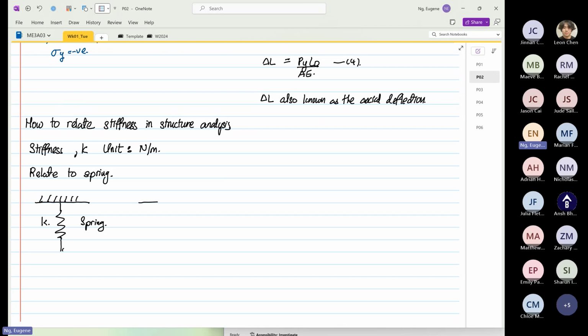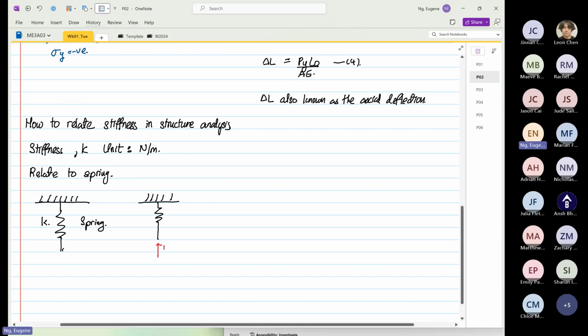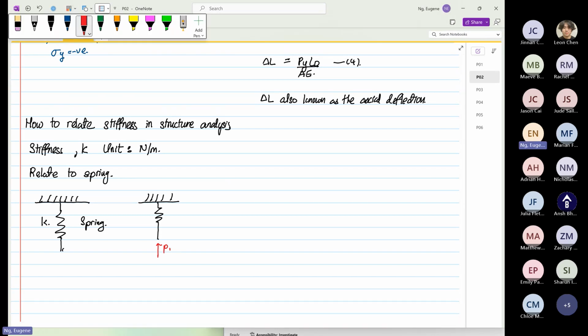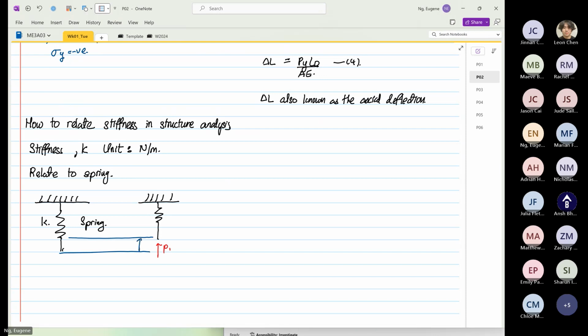Now if we apply a load, and the load P is here, and you take the difference in the distance between the two of them, this is your delta Y.